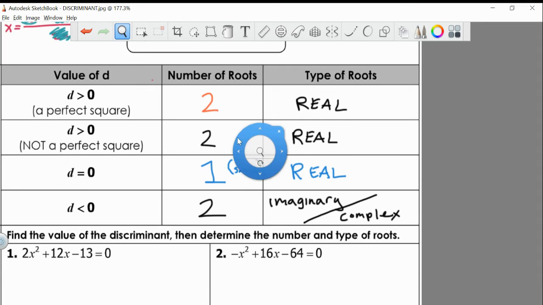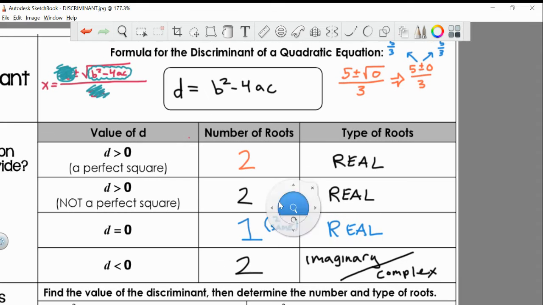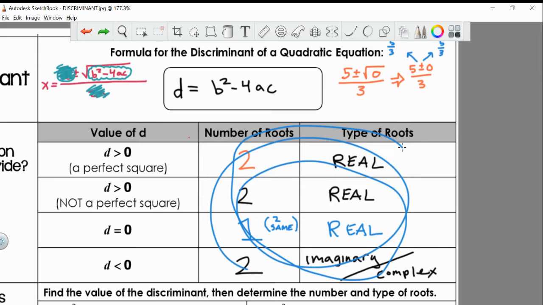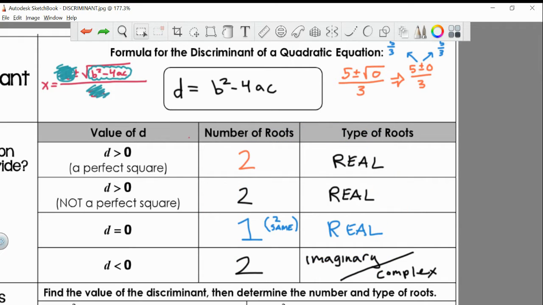So, all that kept in mind, let's go back to what we're talking about here. The discriminant, which is the inside of the square root, is good at telling us what type of answers we will have. It's not good at telling us what the answers will be, but if we know what the discriminant is, we know what type of answers we will have.